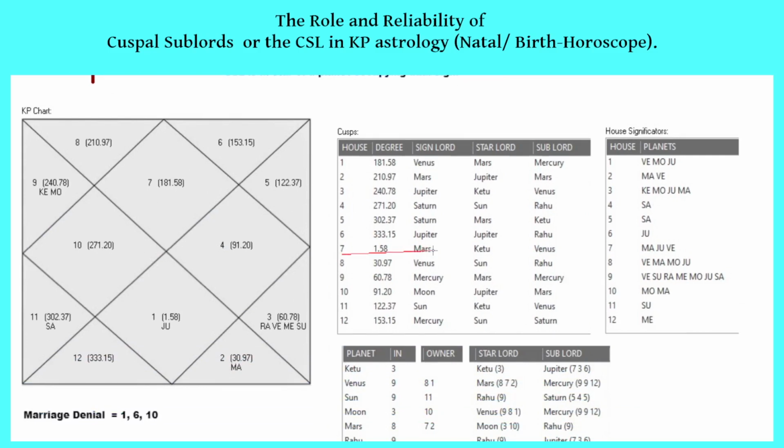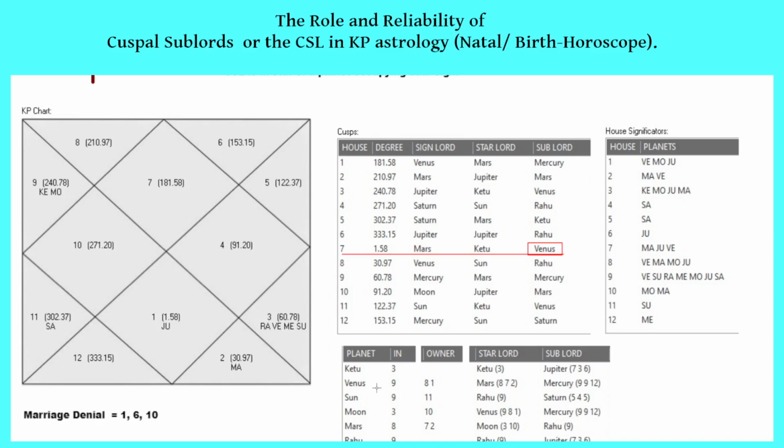So this is the seventh cusp, right? And if we look at the seventh sublord, the cuspal sublord of the seventh, this is Venus. Now we have to figure out if Venus is a significator of 2 or 7 or 11.